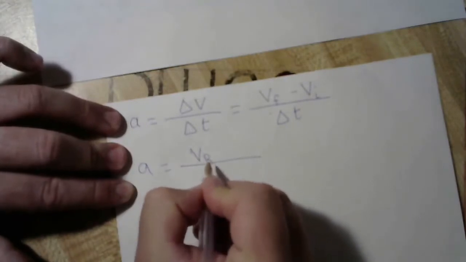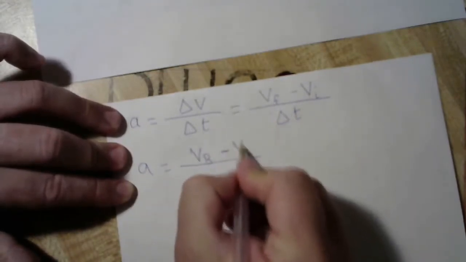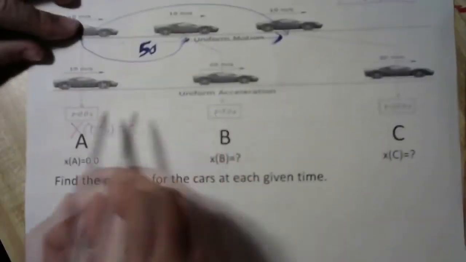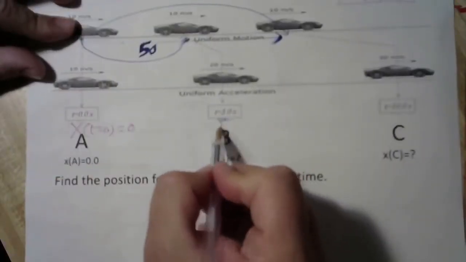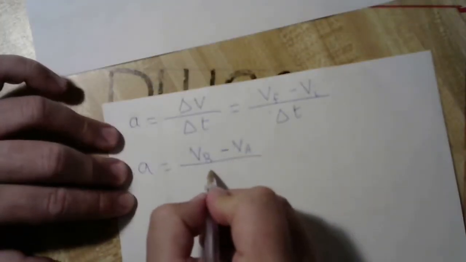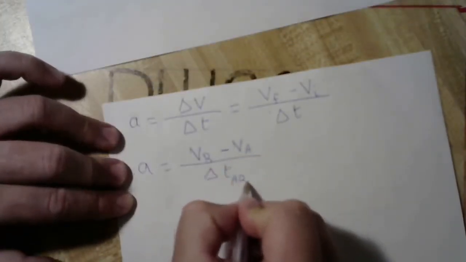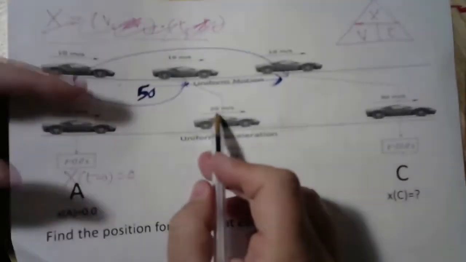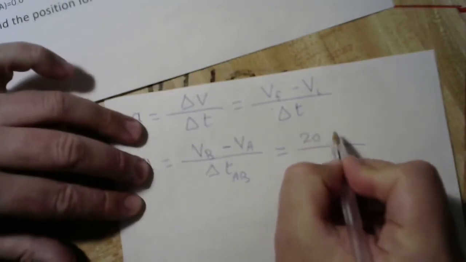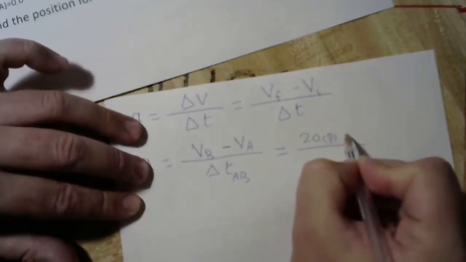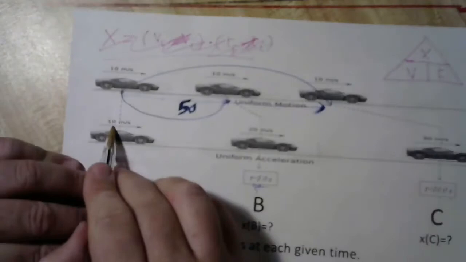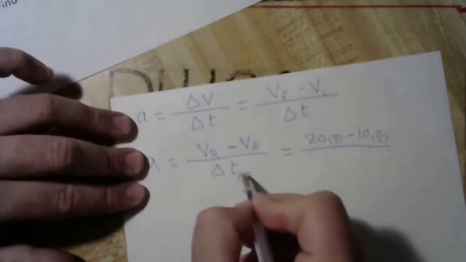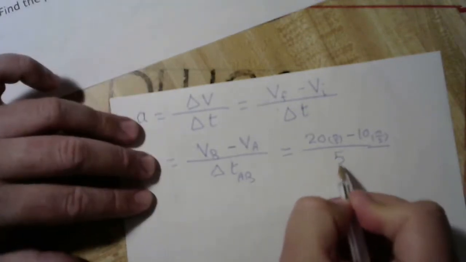If I take the 2 points A and B, the acceleration is equal to the velocity at B, which is the final point, minus the velocity at A, which is the initial point, over the change in time between A and B, which is 5 seconds, delta T from A to B. The velocity at B is equal to 20 meters per second. 20 meters per second minus the initial velocity of 10 meters per second, and the change in time is 5 seconds.